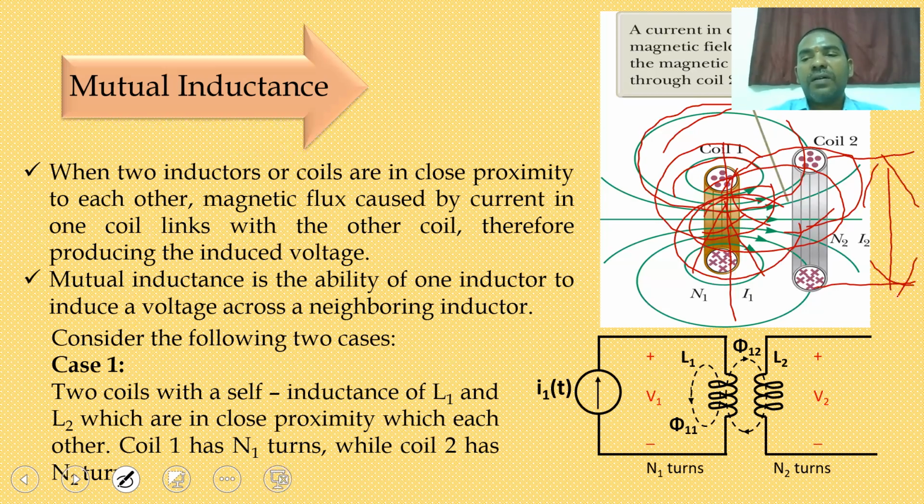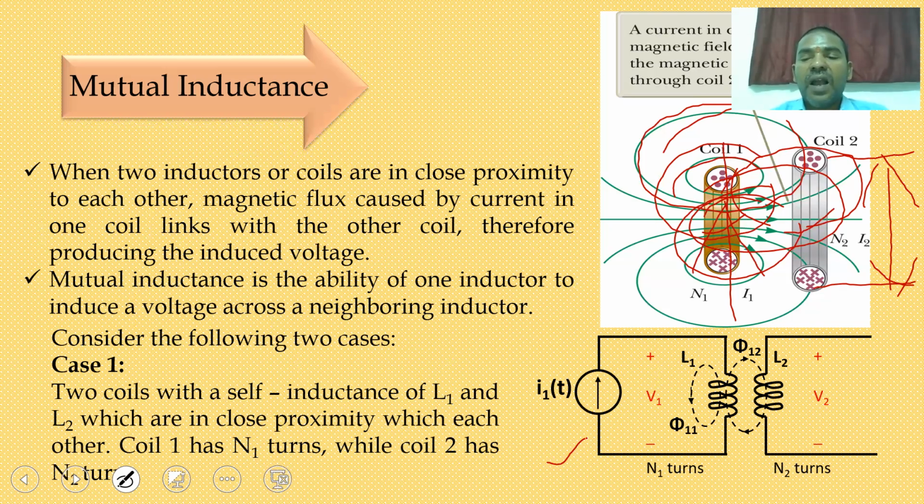Here I have taken a pictorial diagram with respect to the equivalent circuit. Two coils are there. One has N1 turns and the second coil has N2 turns. The self-inductance of the first coil is L1, and the self-inductance of the second coil is L2. Now I excite a current i(t) in the first coil.